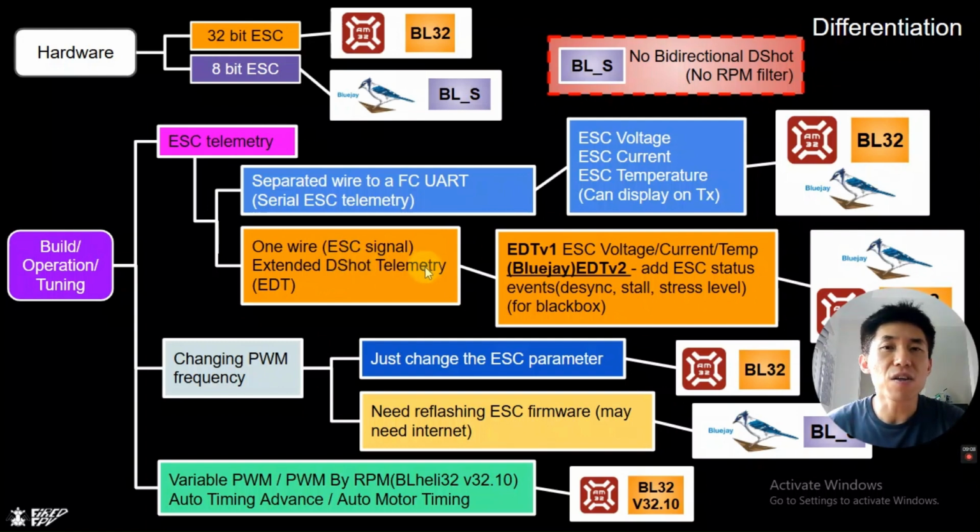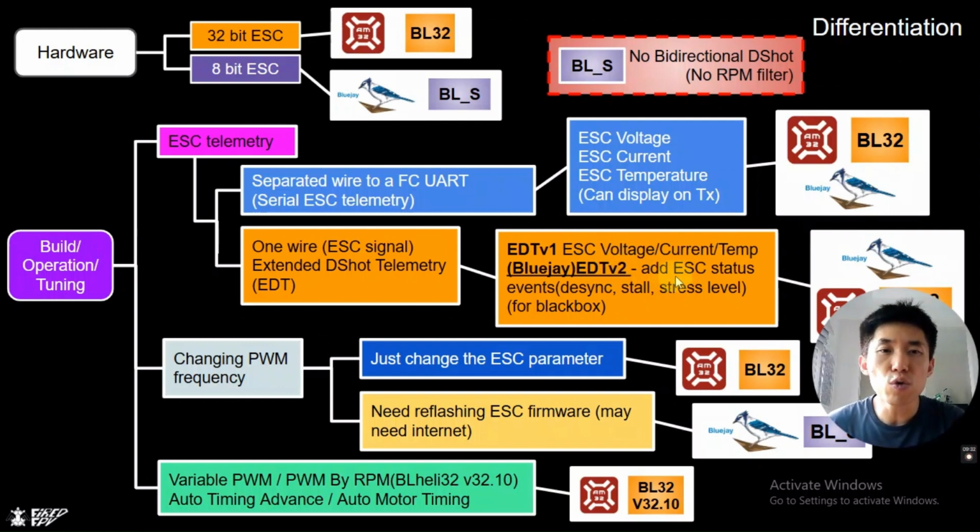The ESC signal wire does the work of transferring ESC telemetry to the flight controller. And EDT has two versions as of now. Version 1 provides the same telemetry data as I have mentioned before: ESC voltage, current, and temperature.